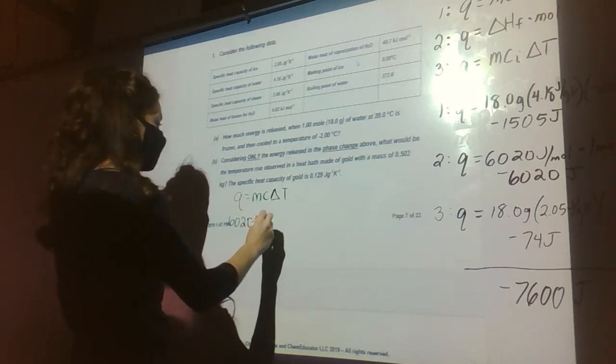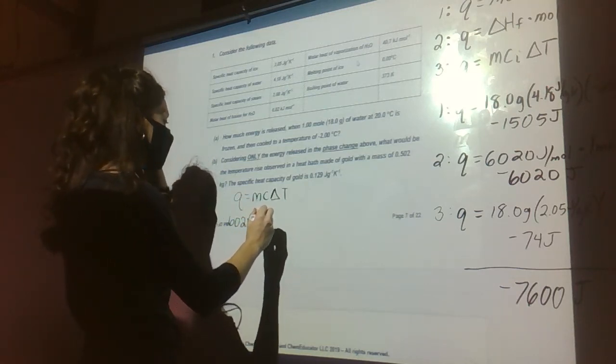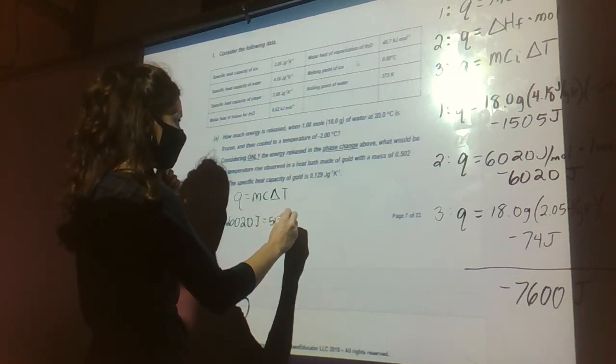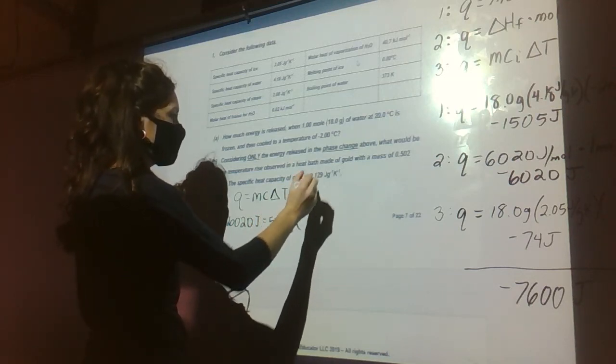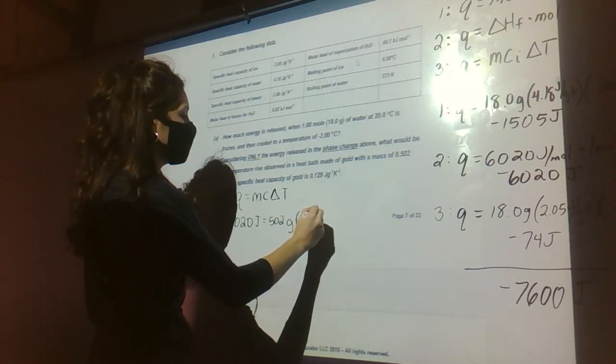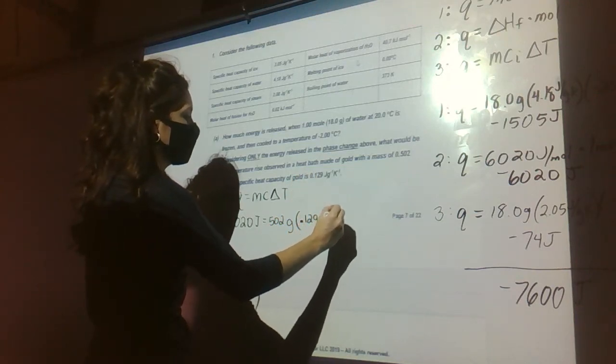The mass is 0.502 kilograms or 502 grams. The specific heat is very low, 0.129 joules per gram Kelvin.